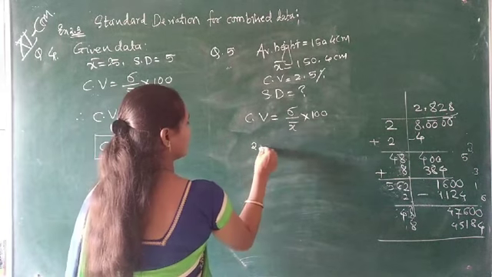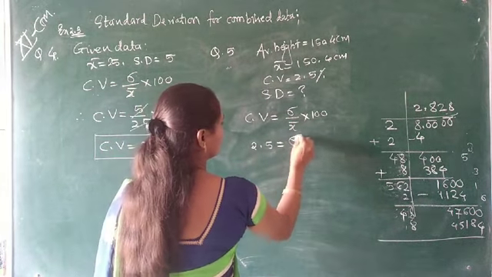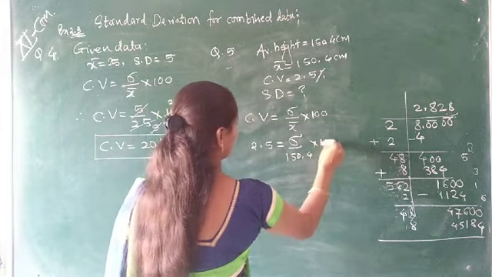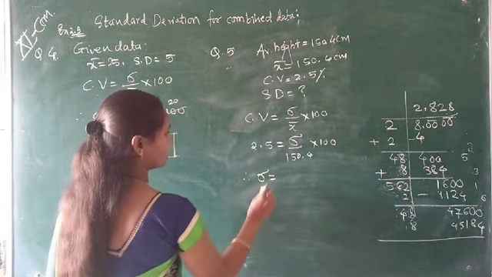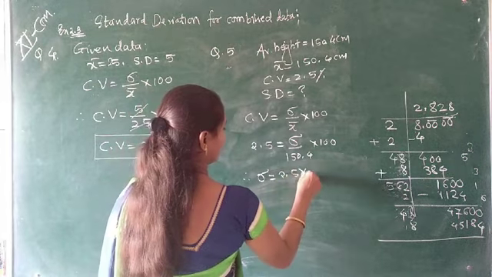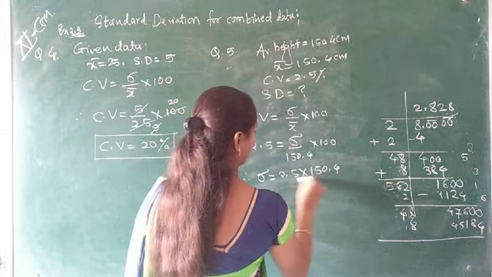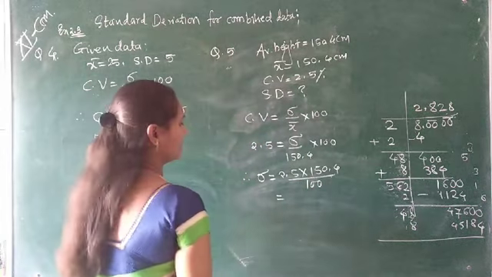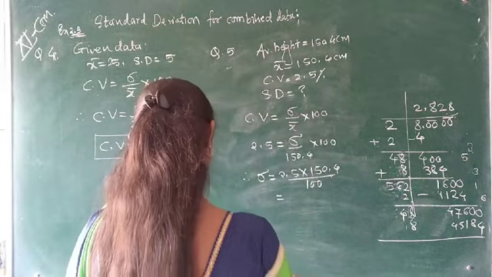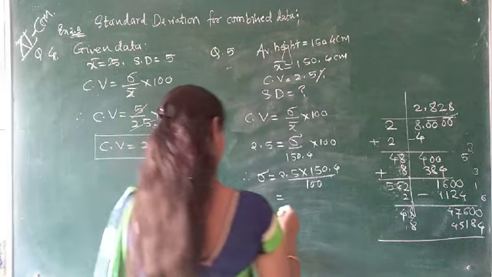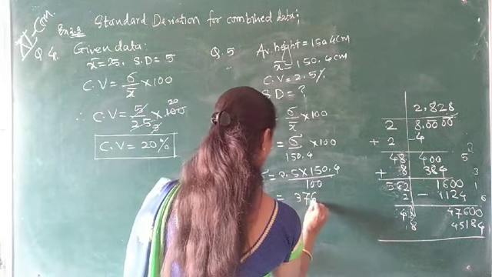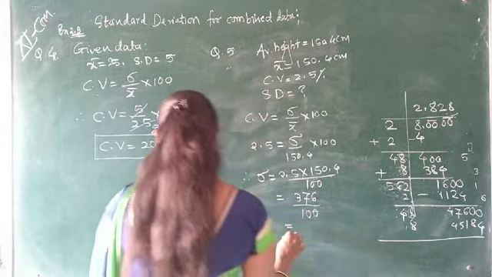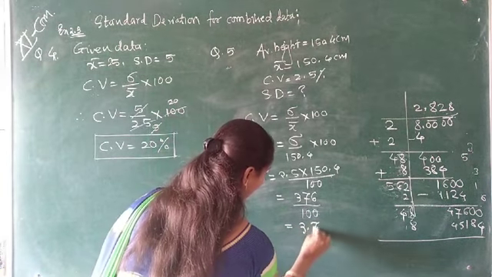What is CV? That is 2.5 is equal to, as it is, 150.4 into 100. Therefore, standard deviation is equal to 2.5 into 150.4 divided by 100. If we take the product of 2.5 into 150.4, which is 376, divided by 100, then it is 3.76.